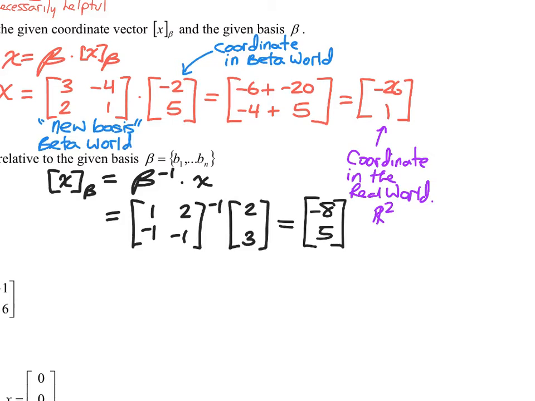So it makes sense that if I want to go from the real world back to beta world, I would just do the exact same thing, but in reverse. So instead of multiplying, I would divide. The matrix method of division is multiplying by an inverse. So the exact opposite procedure. So this is what the coordinate would be in beta world.